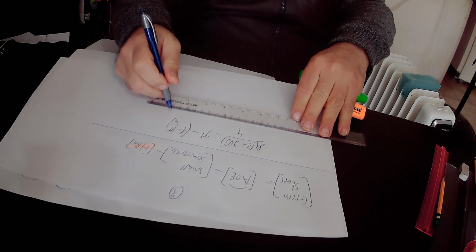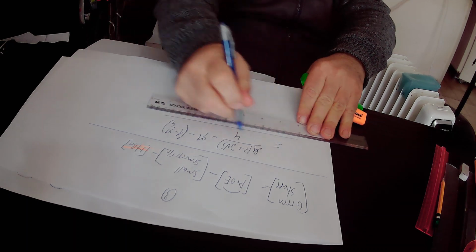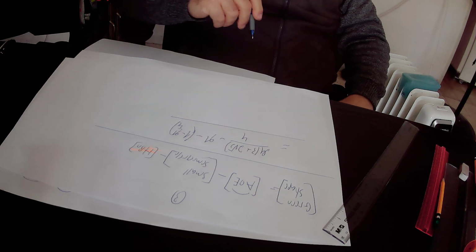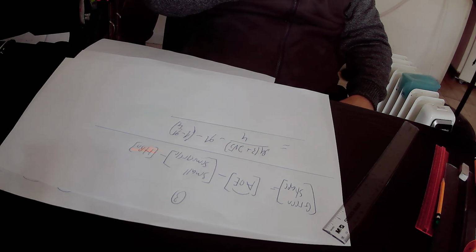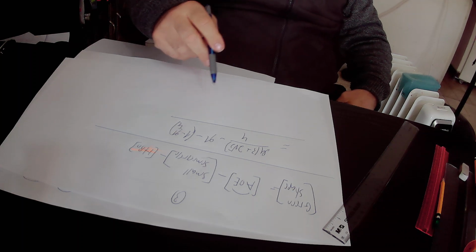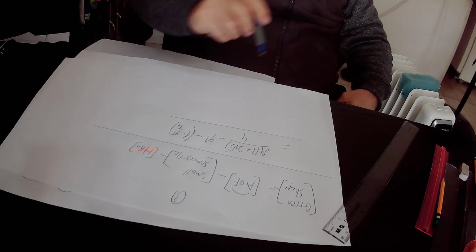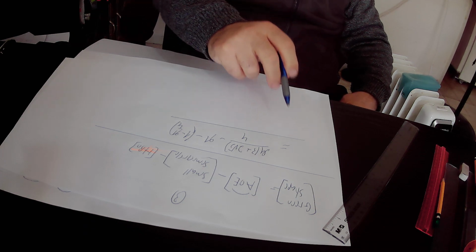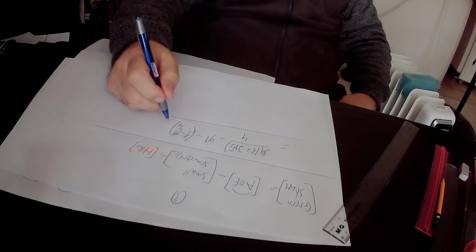So the value of this expression is the area of the green shape. So we just simplify this expression in order to find the area of the green shape in terms of numbers.